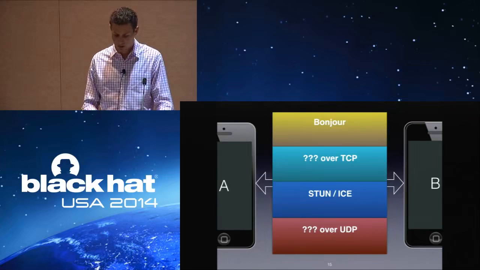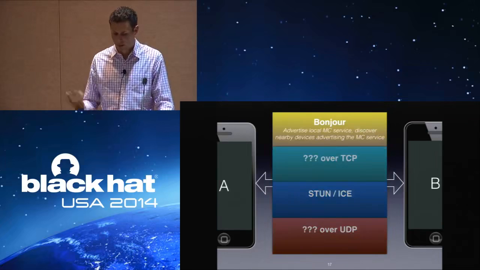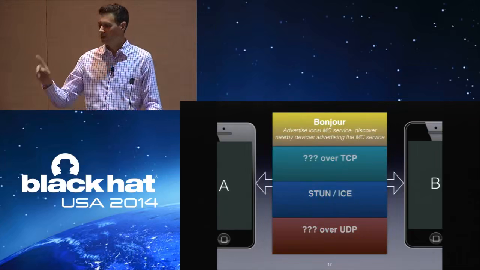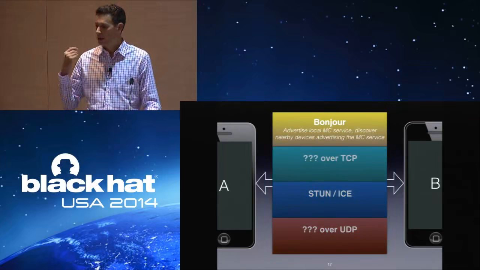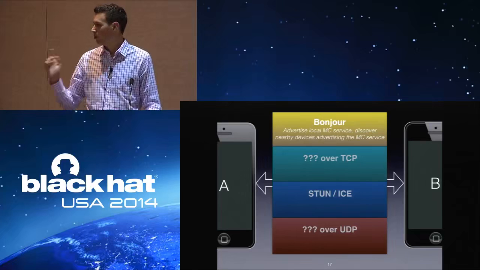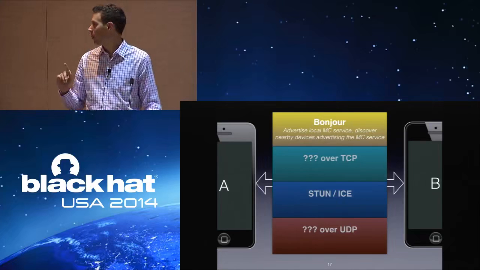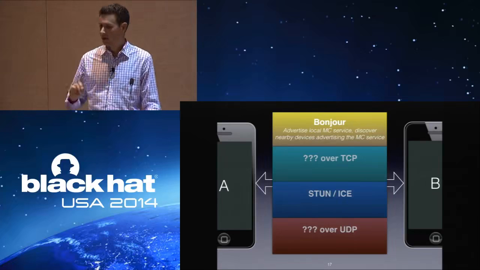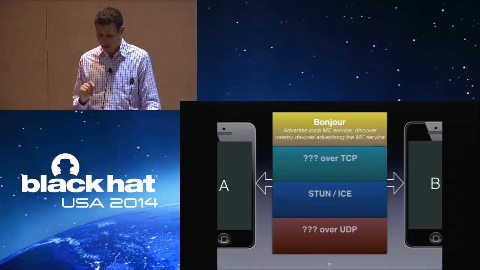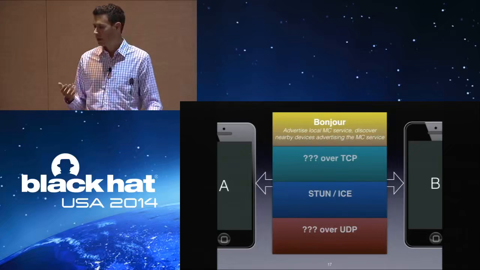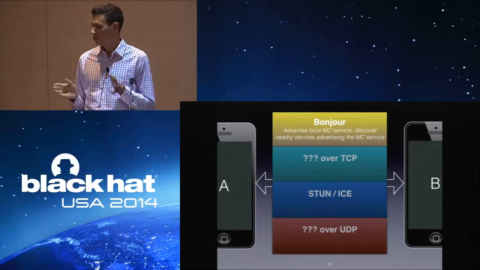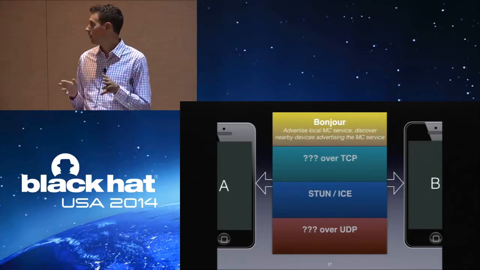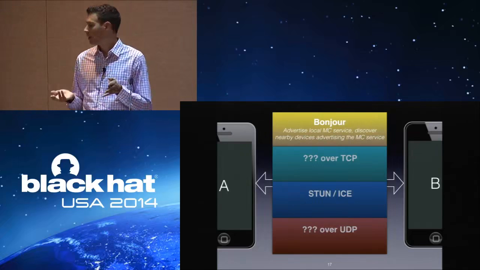And so the first protocol you'll see is called Bonjour. It's an Apple technology. It's used to find services on a LAN. So for example, it's how your Mac finds a printer and things like that on the LAN. And so that's what Multipeer connectivity is using to find phones around. And so your app basically advertises a Bonjour service, and you just have to choose a name for that service. So for example, for the FireChat app, the name they chose is FireChat.